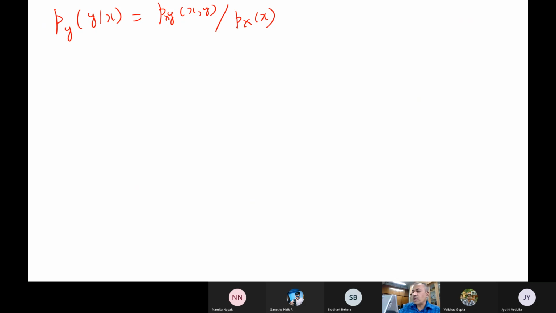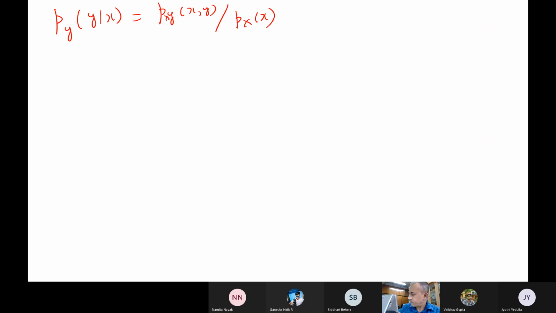Now when you go to two dimensions, similar to our one-dimensional case, if you want to characterize randomness, one way is to write the distributions and densities. What is another alternative way we have discussed? To characterize a random variable, instead of distributions and densities, you can also write in terms of some quantities. What are those?